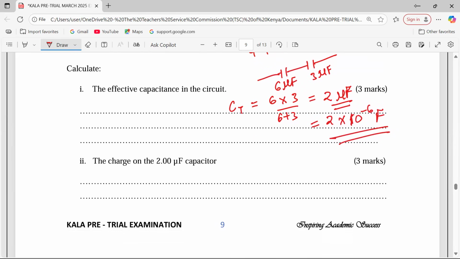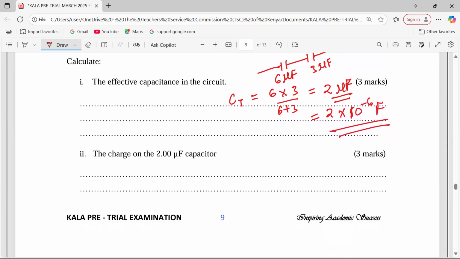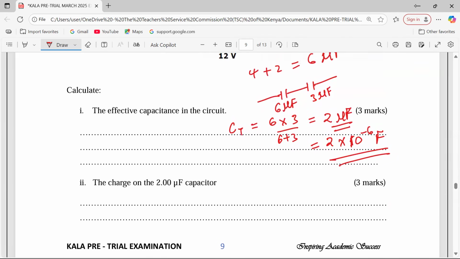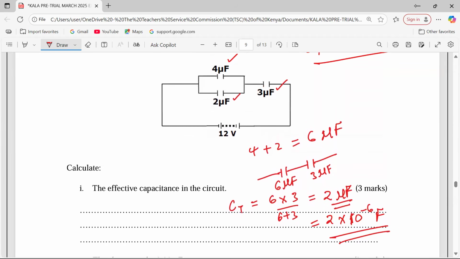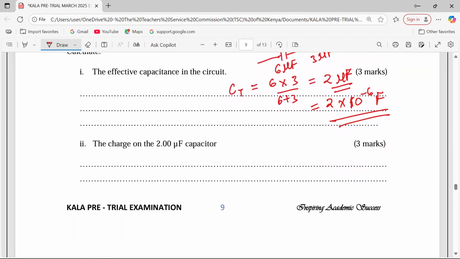Optionally anyway. We are also told to find the charge on the 2.00 microfarad capacitor. Something that we're supposed to notice is that charge is given by CV, as I had quoted up there.